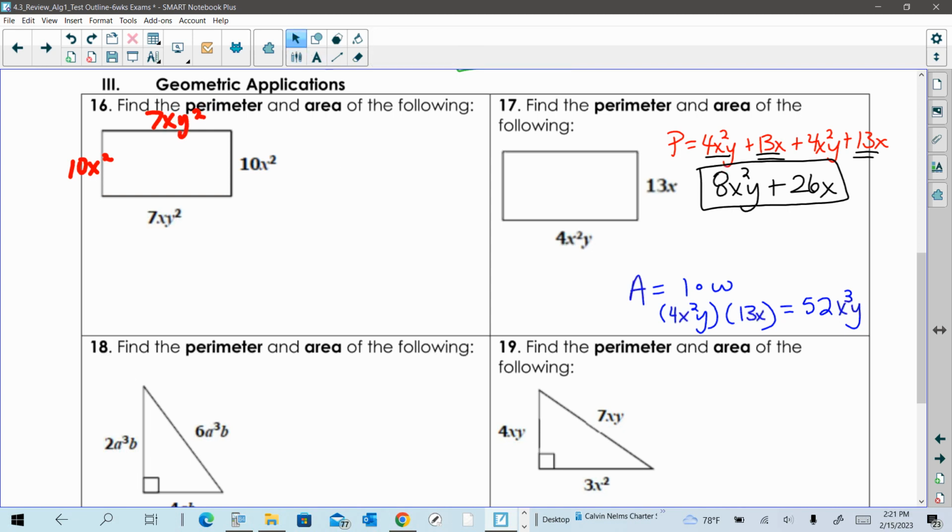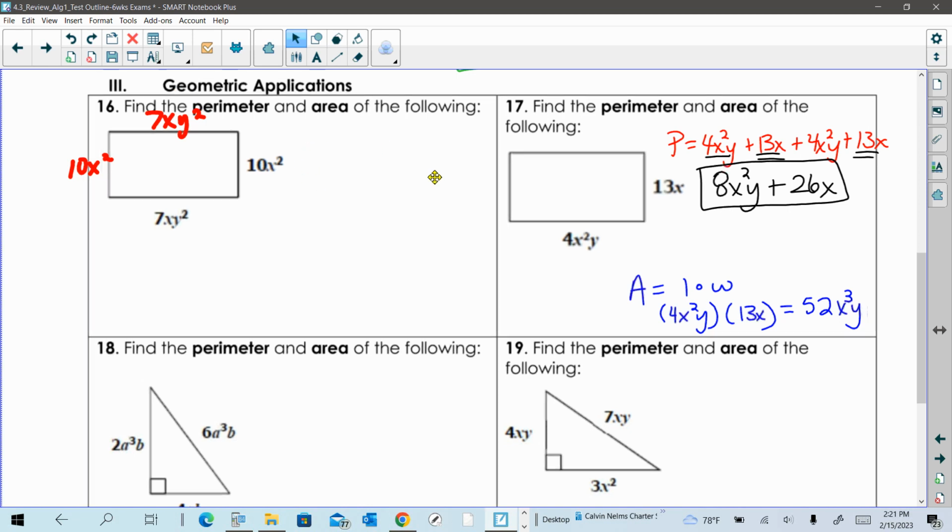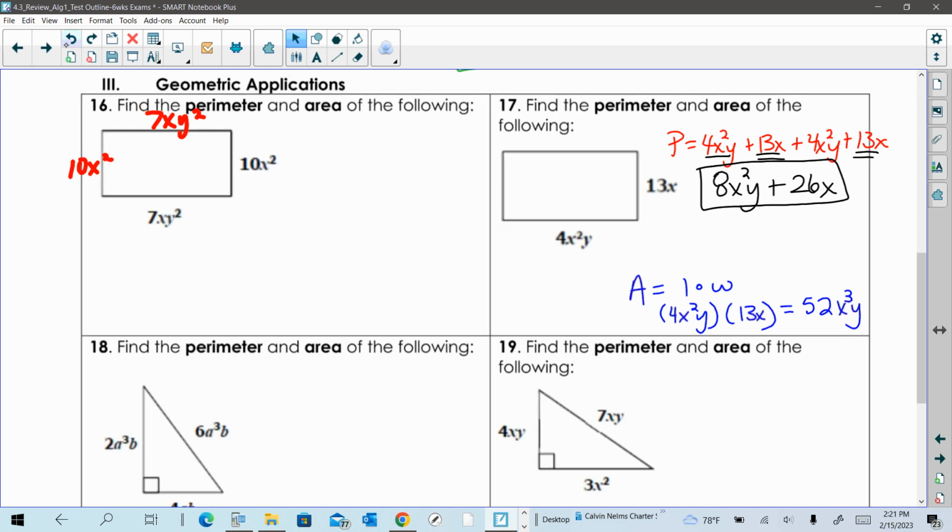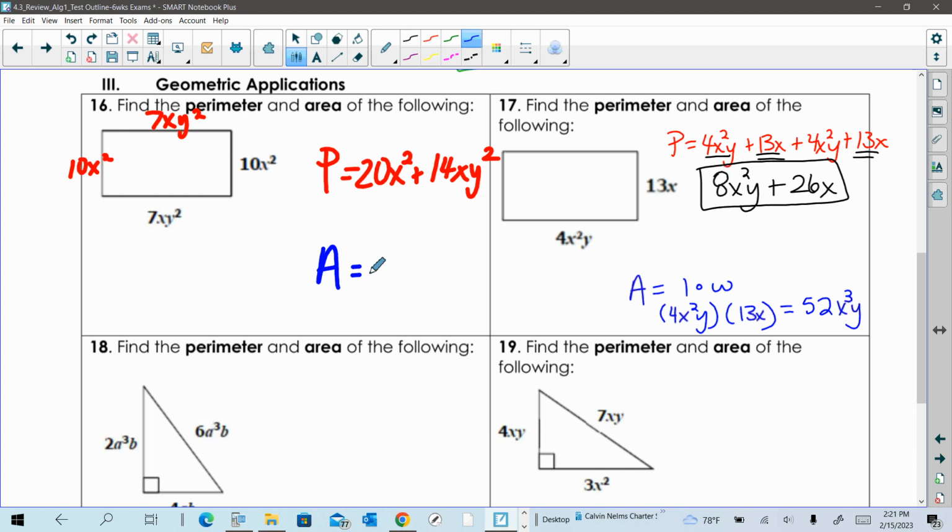And when we add all of them up, this one comes out... The perimeter comes out to 20x squared plus 14xy squared. Your area, length times width, should be 70x to the third power y squared. Okay.